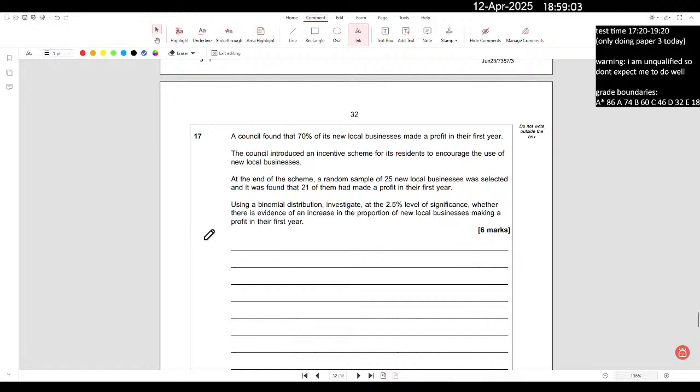Using a binomial distribution, okay. Let the probability... oh, okay, actually not probability.